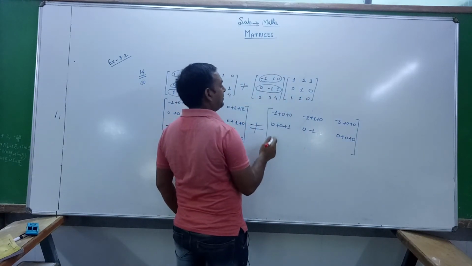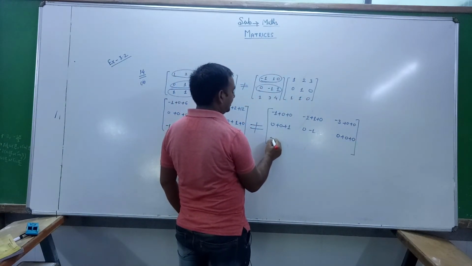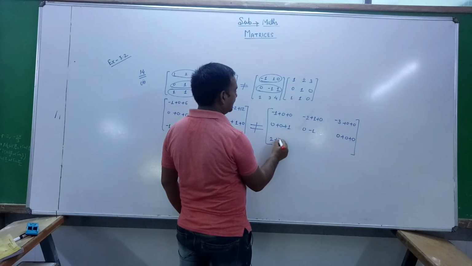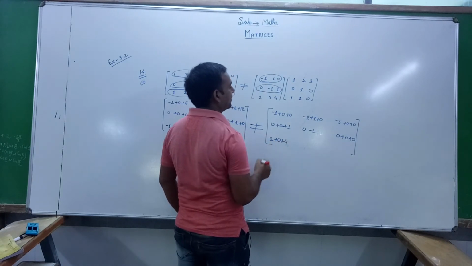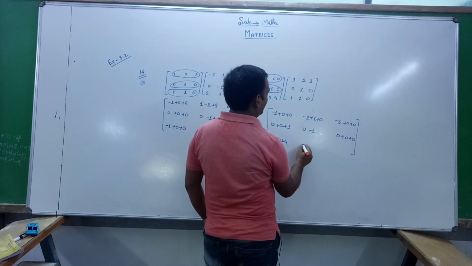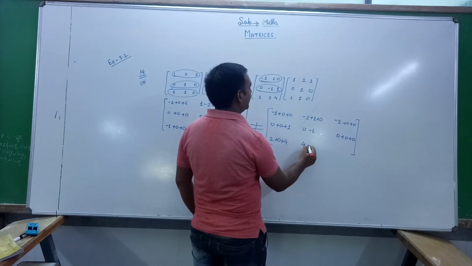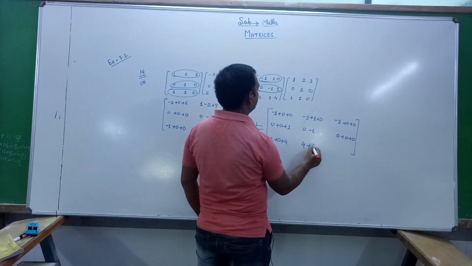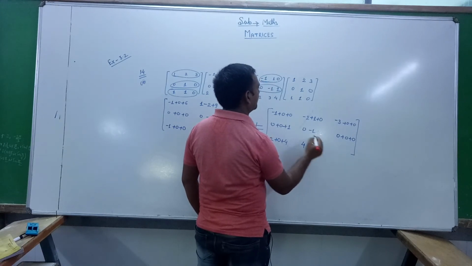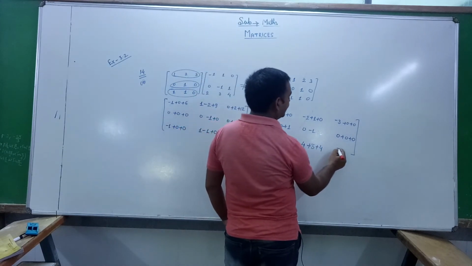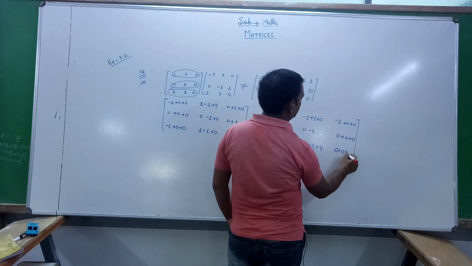Here, 2 multiplied by the third row: 2 times 1 is 2, 3 times 0 is 0, 4 times 1 is 4. Then 2 times 2 is 4, 3 times 1 is 3, 4 times 1 is 4. Then 2 times 3 is 6, plus 0, 0.